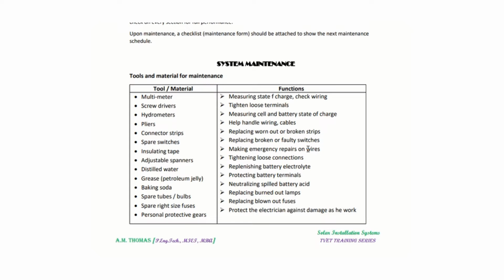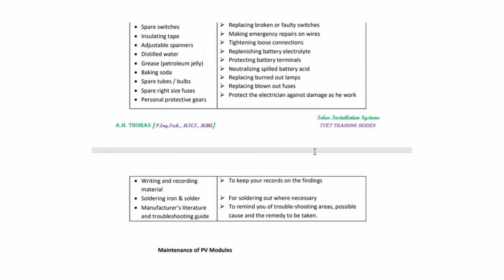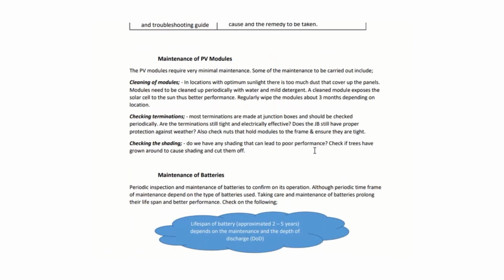We expect you to have a hygrometer that will help you measure the cells and battery storage charge, pliers and connectors, spare switches, and many more as they are on my list. If you get the lot, you have a good list which you as a technician need to have as you appear on the site.